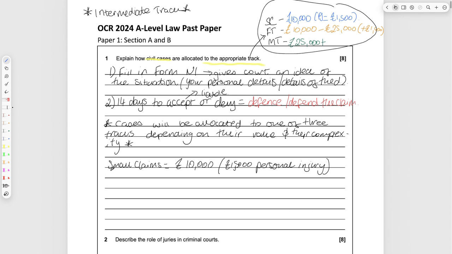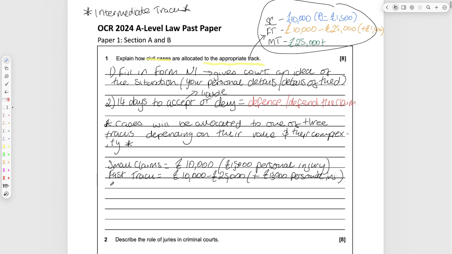You've got the fast track, which is for cases from 10,000 up to 25,000. And that's anything above 1,500 for personal injury.